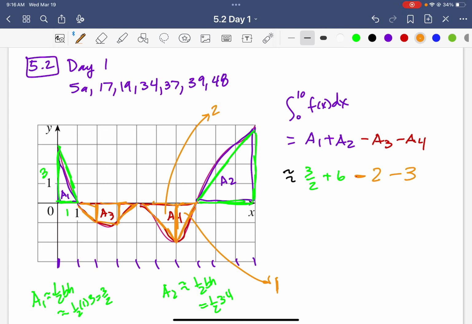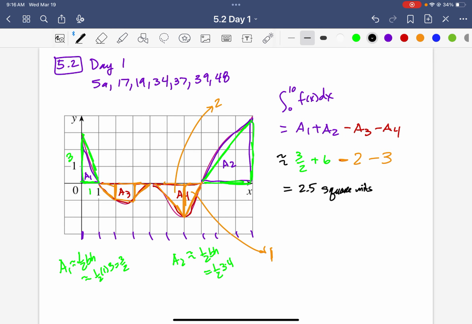So I think that's about 3. So that whole thing looks like it's going to be 6 minus 5, which is 1, plus 1.5, about 2.5 square units. Looks like that would be the area that I approximate.